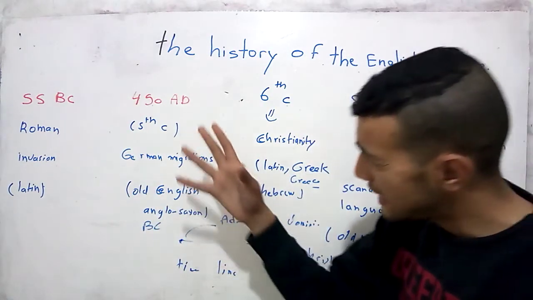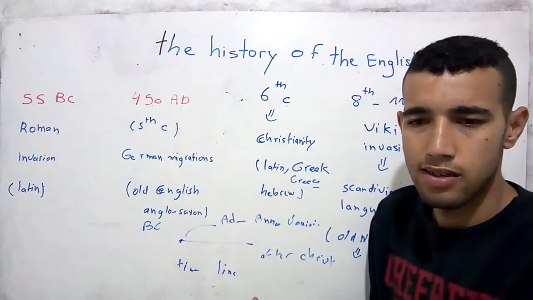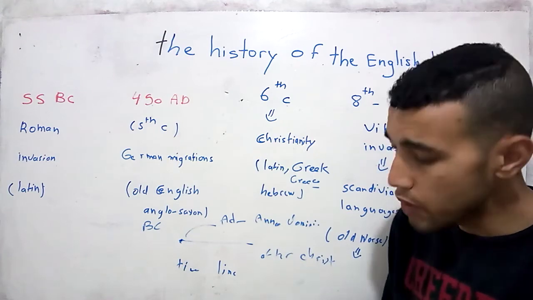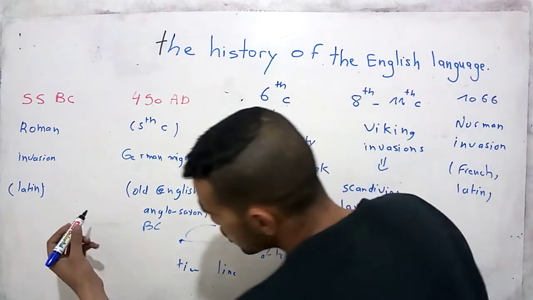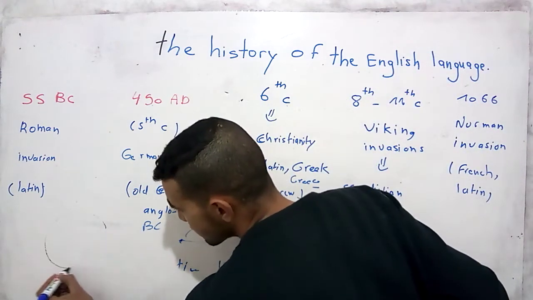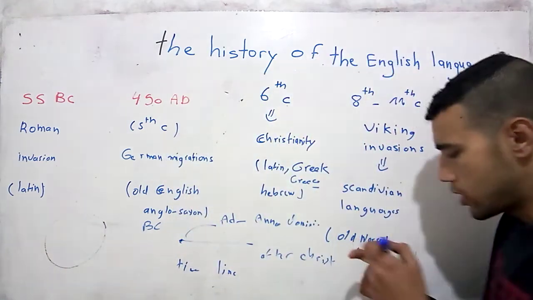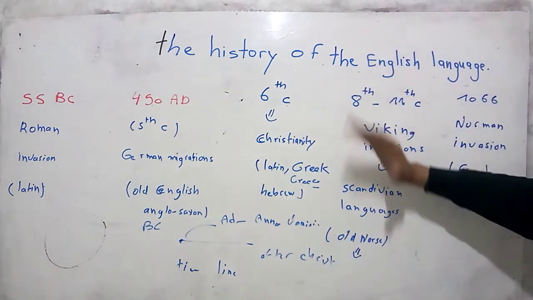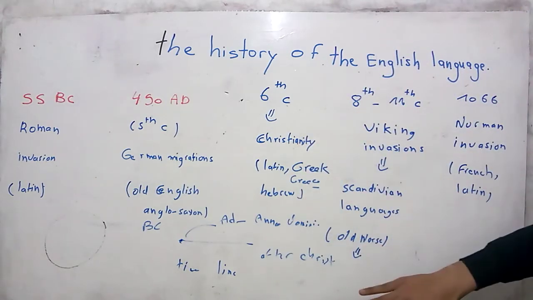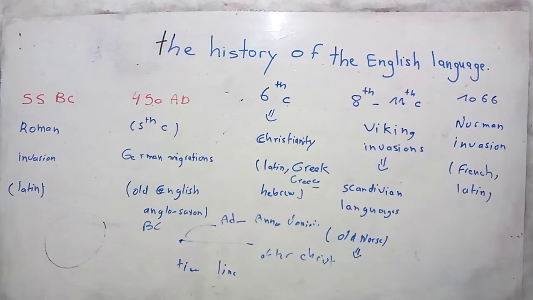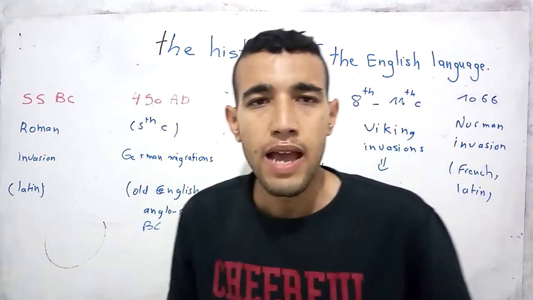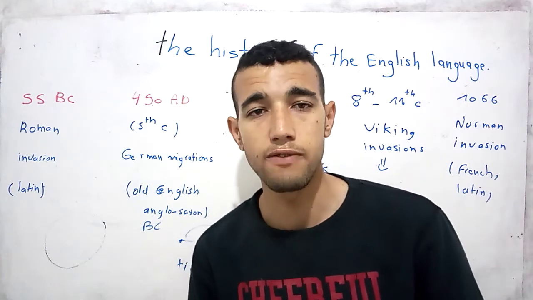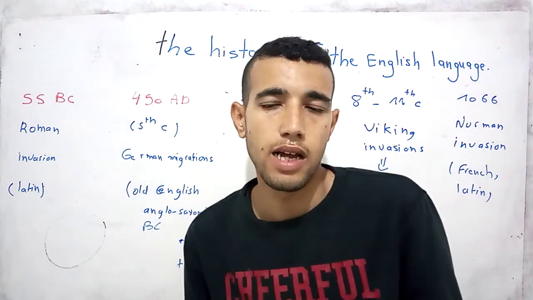But the language is a mix of so many languages. For example, we could give a chart. The Latin language and the Greek language have a huge impact in the process of development.